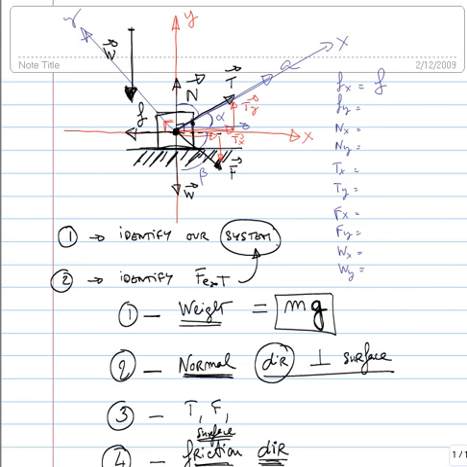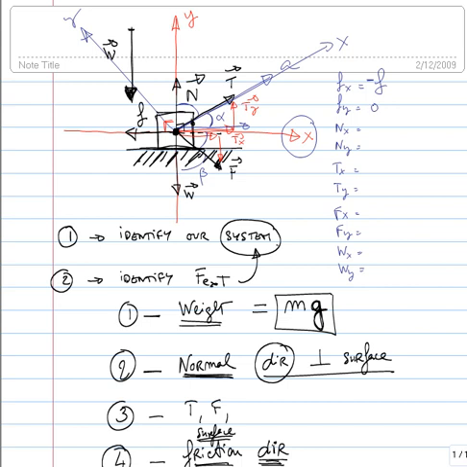But f is pointing towards the left, and I decided to have positive x towards the right. Therefore, due to my own decision and my choice of the coordinate system, this must have a negative sign. Similarly, fy, since f is directly aligned along x, it doesn't have any y component, fy is 0.